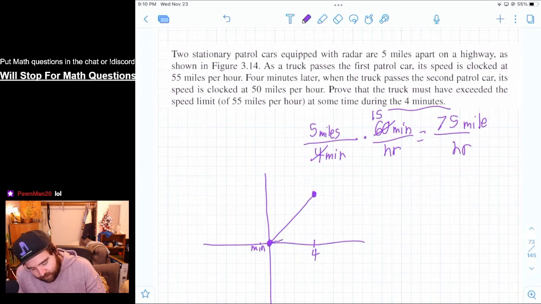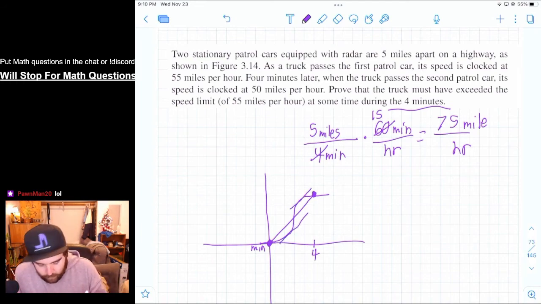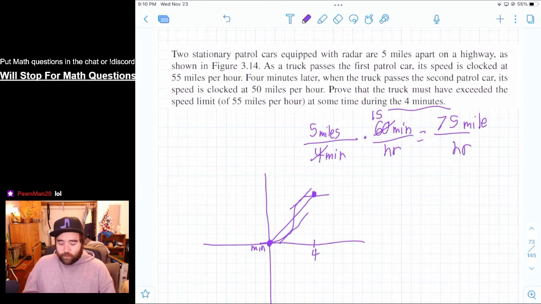Even though he's going slow here and then slow here, he's going to have to go fast in between, and then slow again here. So we know that at least at one point in there, he's got to hit 75. In reality, he's got to hit it at 2 points, because he's got to go faster than 75 at some point. So that's interesting.